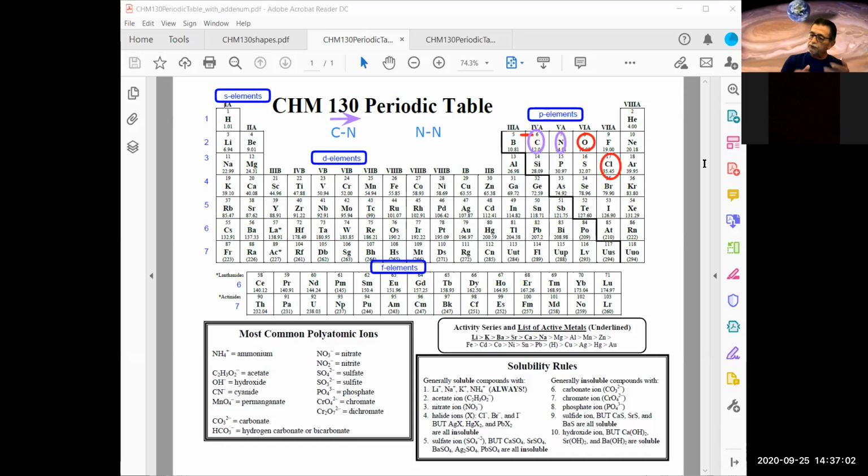So that hyphen, which represents a bond, will be an equal sharing of those two electrons. Whereas carbon and nitrogen would be an unequal sharing of those two electrons, which means that nitrogen-nitrogen would be more nonpolar compared to carbon-nitrogen, which would be more polar.